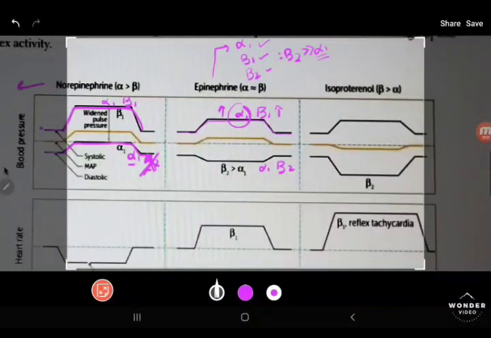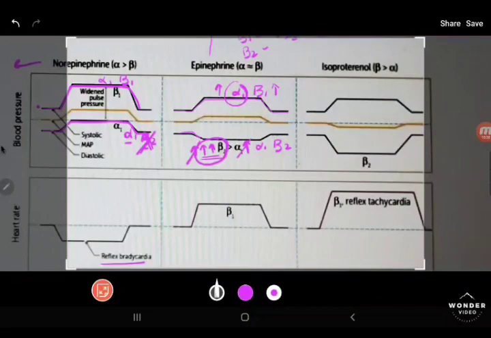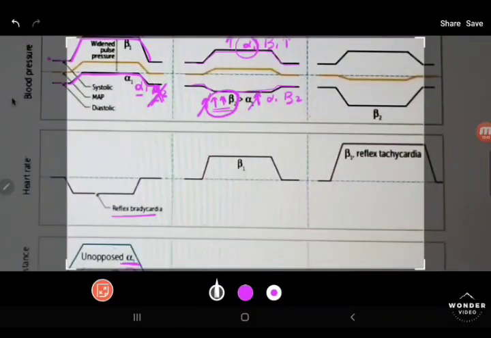And now here is when we have the complication, because we said that beta 2 activity is more compared to alpha 1. So this alpha 1 gets cancelled, but we still have two arrows going up, and we said beta 2 has an inverse relationship with your diastolic blood pressure. So increased beta 2 will lead to vasodilation and hence a reduction in your total peripheral resistance, therefore causing a reduction in your diastolic blood pressure, which is what we see here. Now let's talk about heart rate.